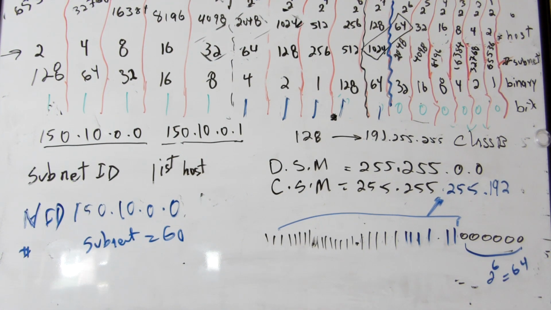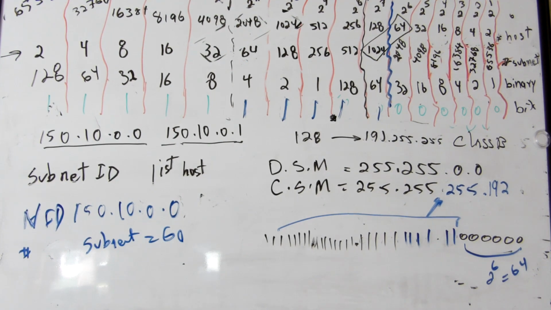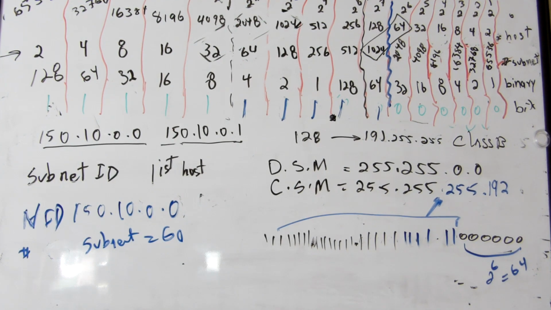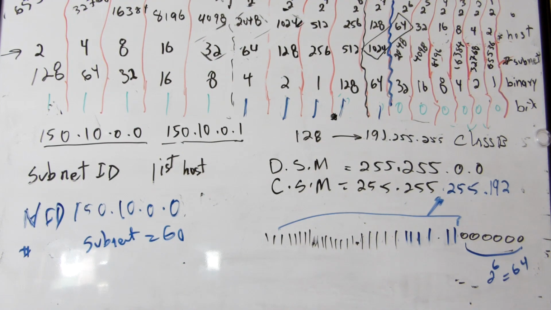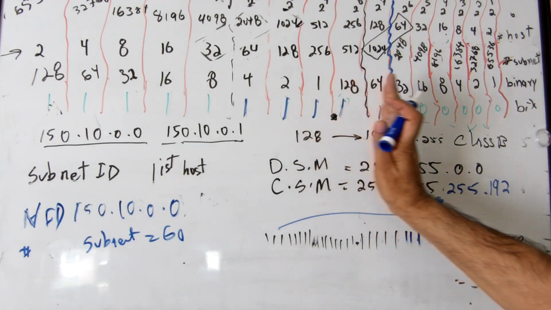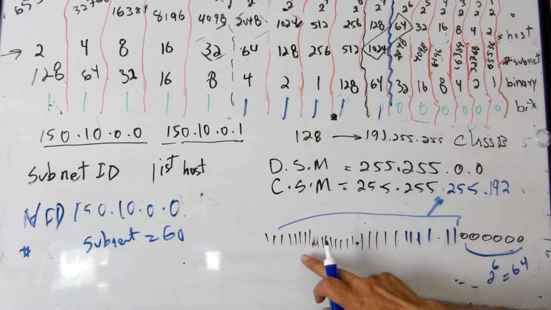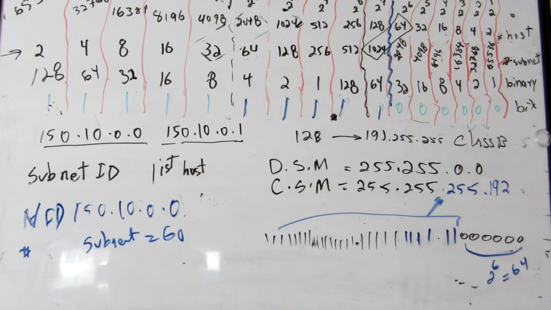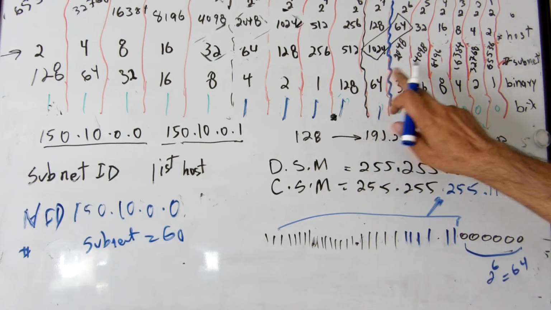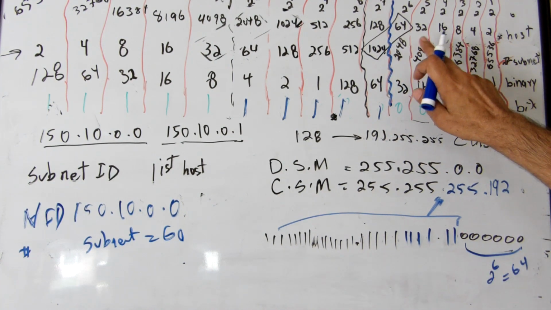So from here, if you go further down, the number of hosts is going to be less, and the number of ones here is going to be more and more. The number of subnets is going to be increasing, and the number of hosts is going to decrease.